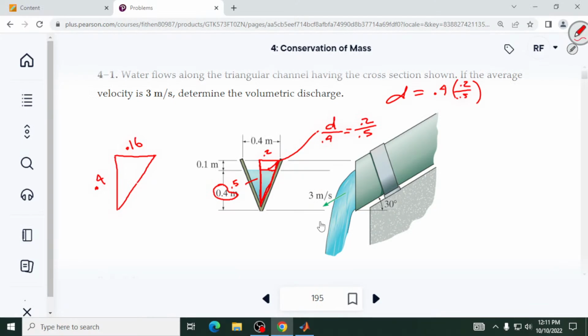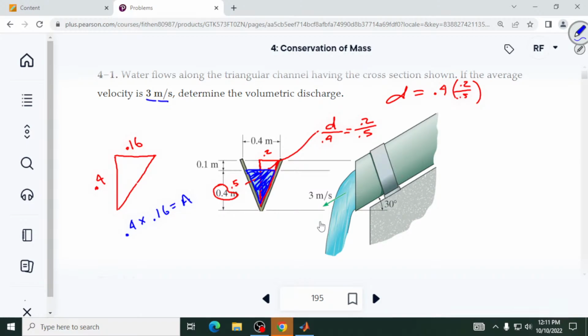Looking for the area there, we'll have this area again produced over here. So essentially I got 0.4 times 0.16 is the total area in blue.